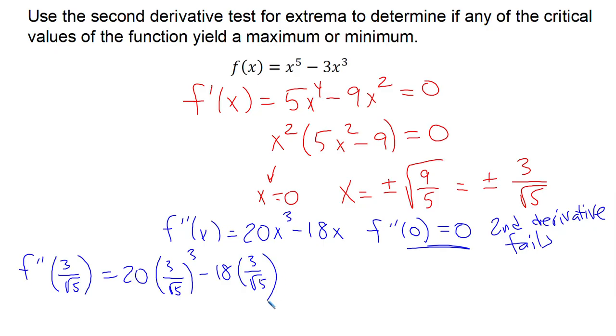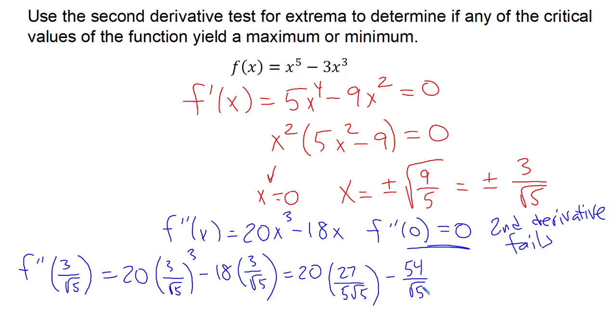And I mean, the arithmetic on it is not something I necessarily expect you to be able to do super well in your head, but we can figure it out. It's 20 times, if I cube 3, I get 27, and if I cube the square root of 5, I get 5 root 5, and then we have minus 3 times 18 is 54 over root 5.